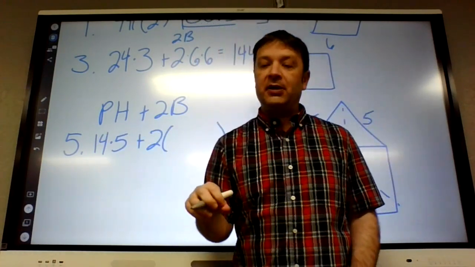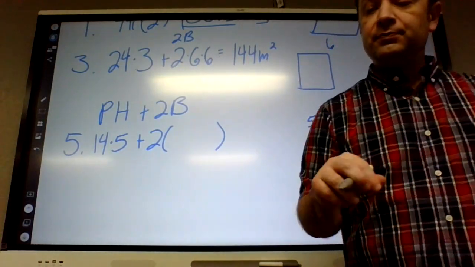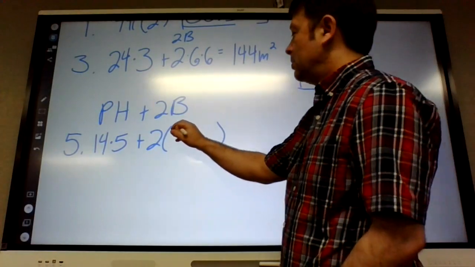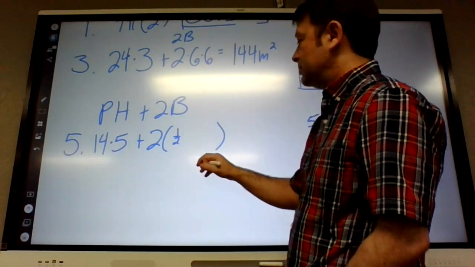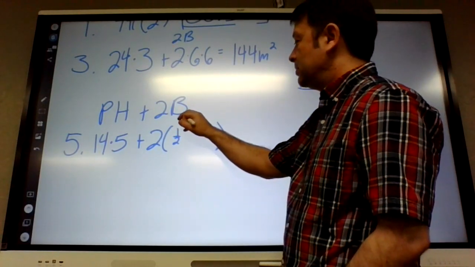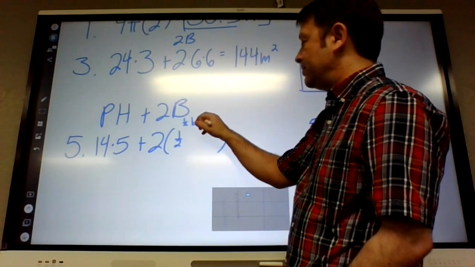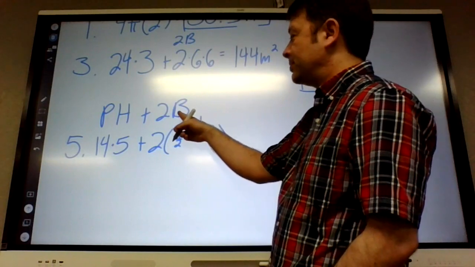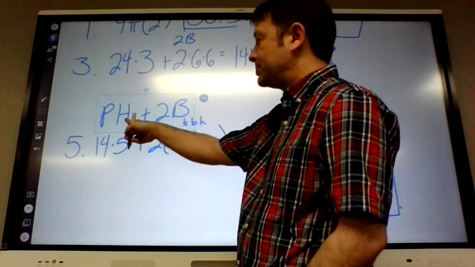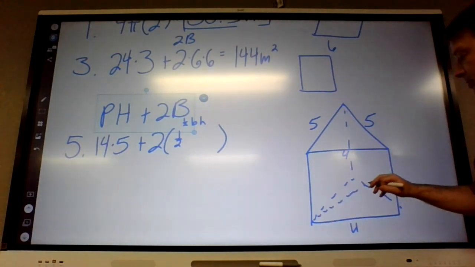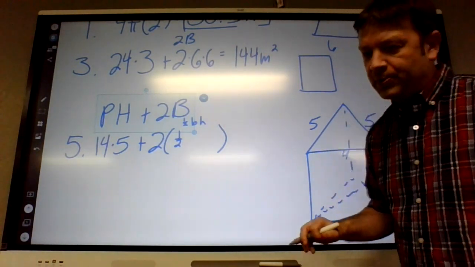How do we find the area of a triangle? 1/2 base times height. Little b, little h. So the base of the triangle and the height of the triangle, as opposed to the base area and the height of the prism. Did you see on the bottom they drew in a line and called it 3.7?